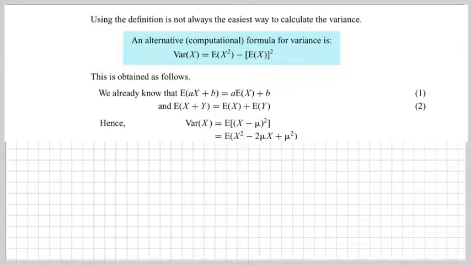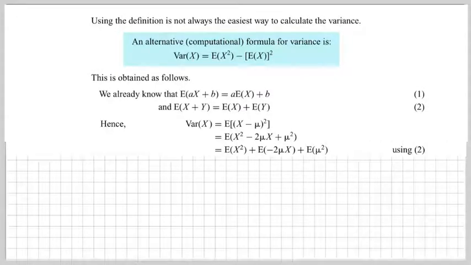Now, because of this principle up here, these are three different random variables, so that must be the expected value of the first one plus the expected value of the second one plus the expected value of the third one, in accordance with this principle that we found here in equation 2.